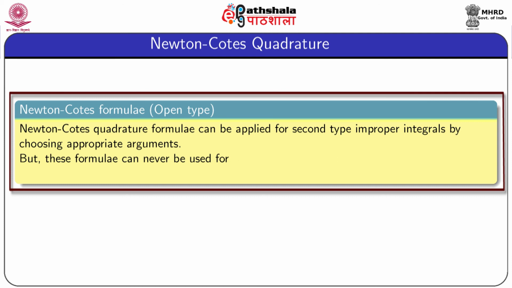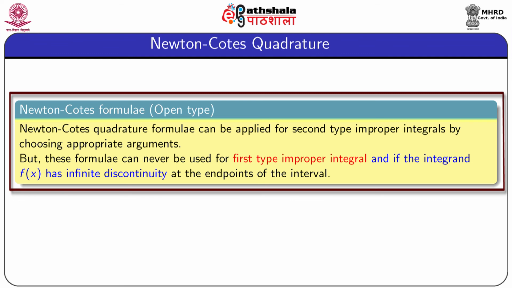But it can never be used for first type improper integrals, because in the first type the limits are minus infinity or plus infinity, therefore the length of the interval h is also infinity. And if the integrand f(x) has an infinite discontinuity at the end points of the interval, then also the closed type Newton-Cotes quadrature formula cannot be applied.